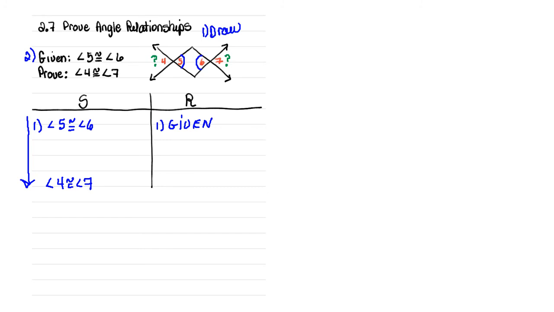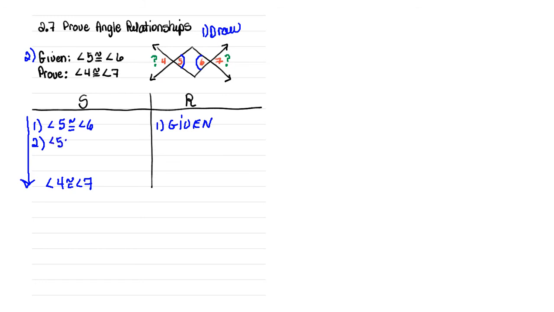All right, so we have the two angles. Let me see here. We have some intersecting lines, and it gives us these angles, and these angles seem to be across from each other.